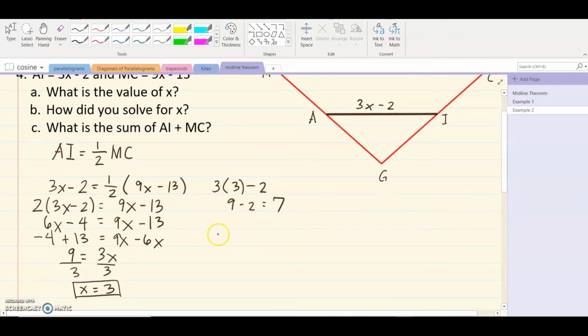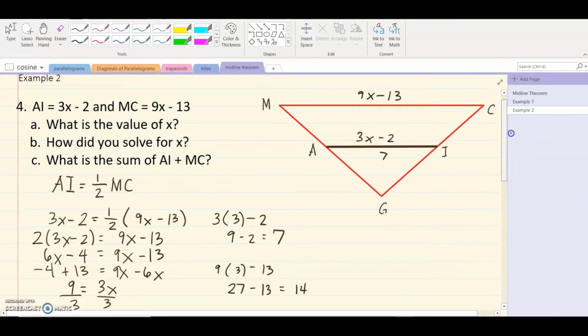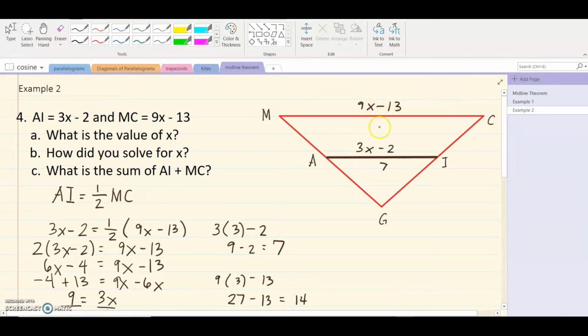For 9x minus 13, so we have 9 times 3 minus 13. 9 times 3 is 27 minus 13, that is equal to 14. So AI is 7, while MC, the length of MC is 14.